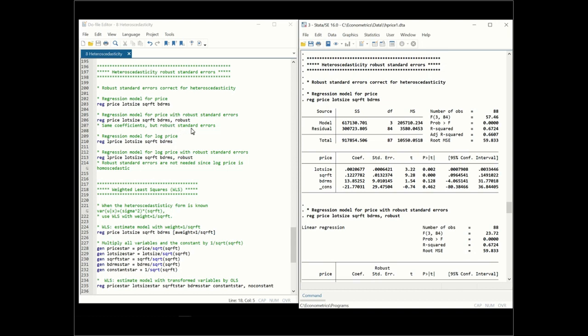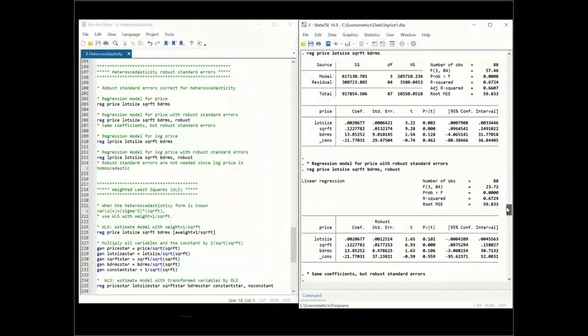The comma robust calculates the robust standard errors. So if we look at the original model, it's this model for the regression of price on the independent variables. And here, comma robust gives us the robust standard errors. If you look, the coefficients are identical between these two models.